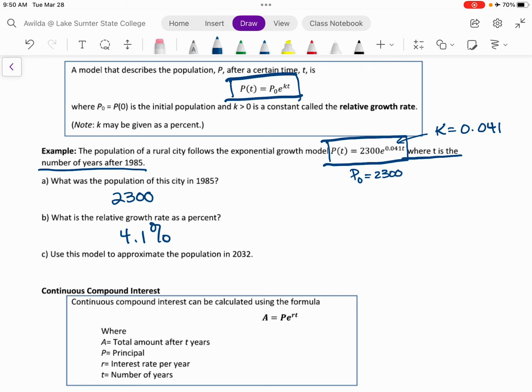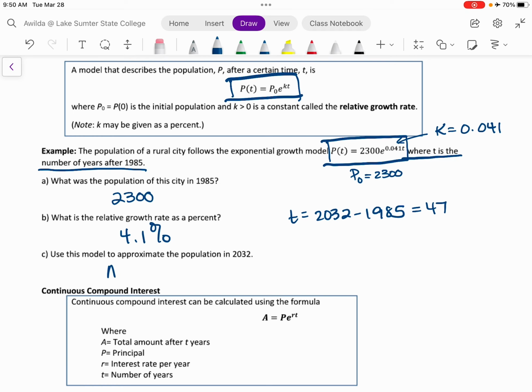And the next question is, use this model to approximate the population in the year 2032. So we have to calculate T, which is the number of years since 1985. So T will equal 2032 minus 1985. So we see that this is 47 years.